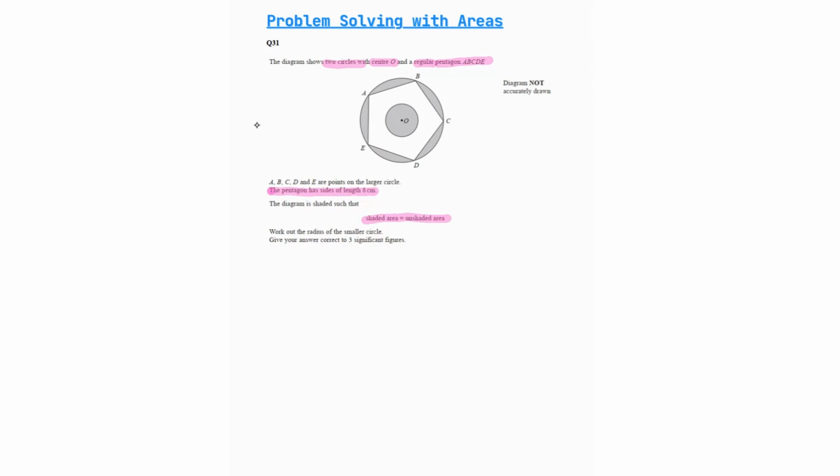Okay, so if it's a regular pentagon, number of sides are 5. So if we split this into 5 identical triangles, we know that the angle for full circle is 360. So if we do 360 divided by 5, that equals 72. So all of these angles are 72, all of them.